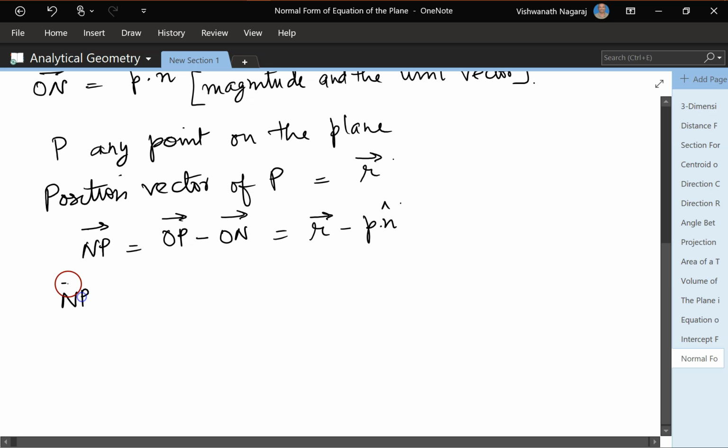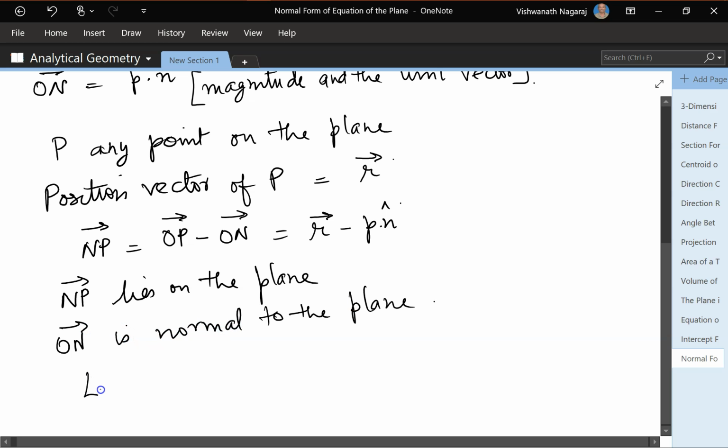Now remember, NP lies on the plane. ON is normal to the plane, which means angle ONP is equal to 90 degrees.